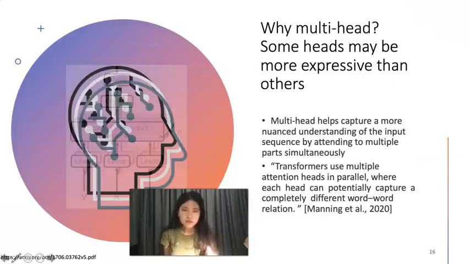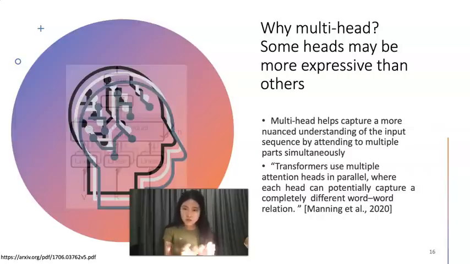And essentially, why do we need multi-head? From my understanding, some heads may be more expressive than the others. And multi-head helps capture a more nuanced understanding of the input sequence by attending to multiple parts simultaneously. Because transformers use multiple heads in parallel, each head can potentially capture a completely different word-word relation.